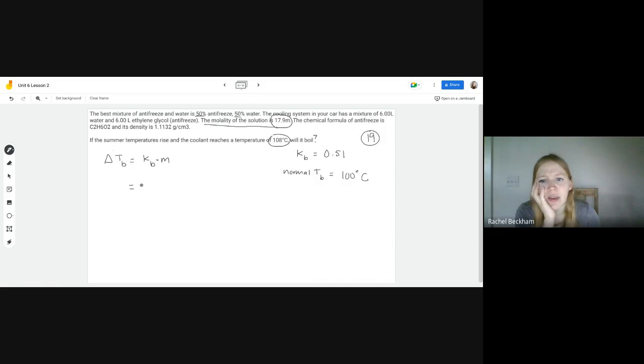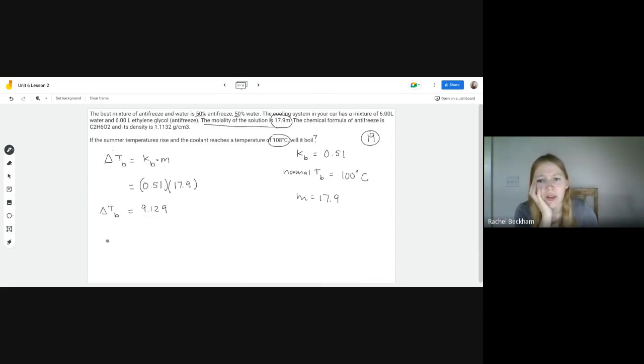Our KB is 0.51, and they gave us our m already. So 0.51 times 17.9. This is equal to 9.129. So that is how much the boiling point changed.